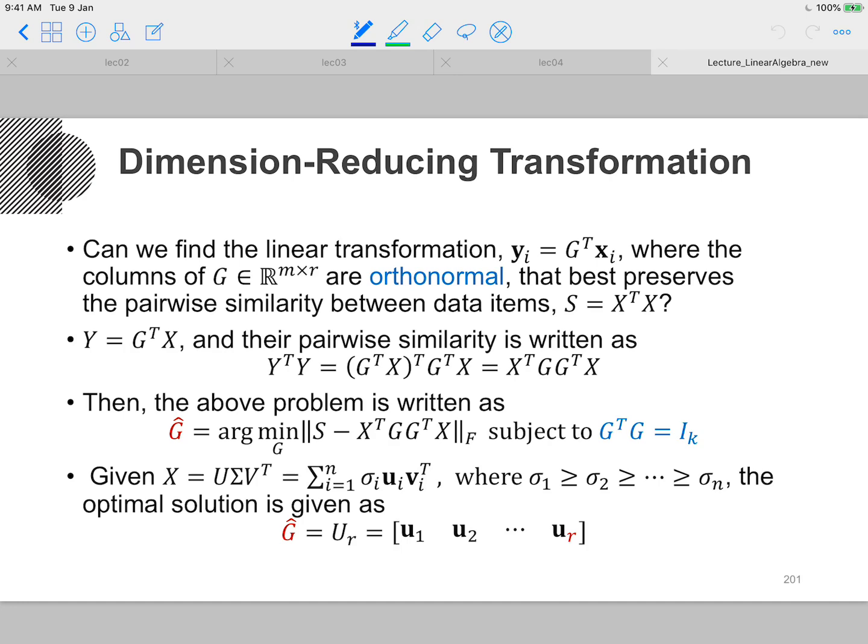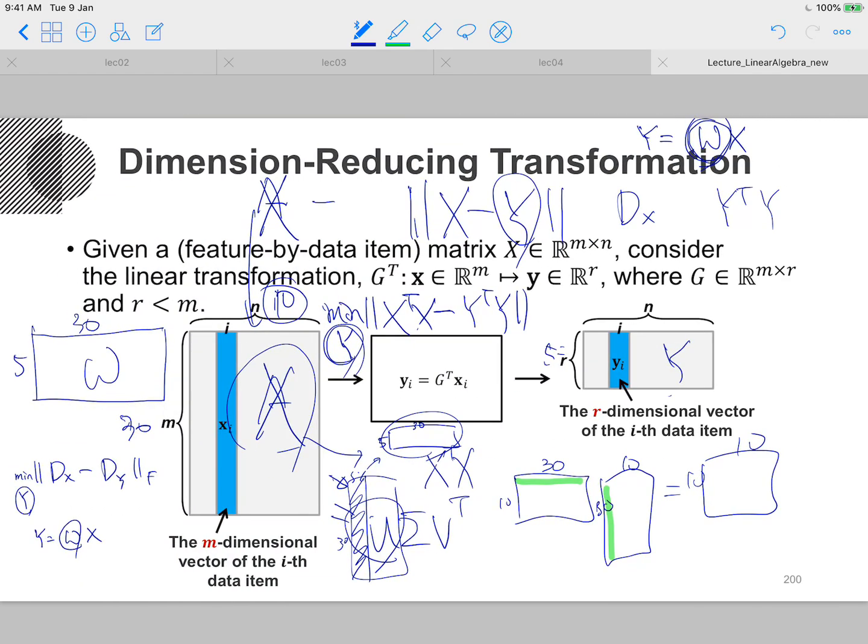The additional constraint that we impose here is that the W matrix, or the rows of W, are orthogonal. So we need that kind of constraint. Otherwise, this problem will be a little bit trivial, because we can just duplicate the same vectors over and over when forming this W.